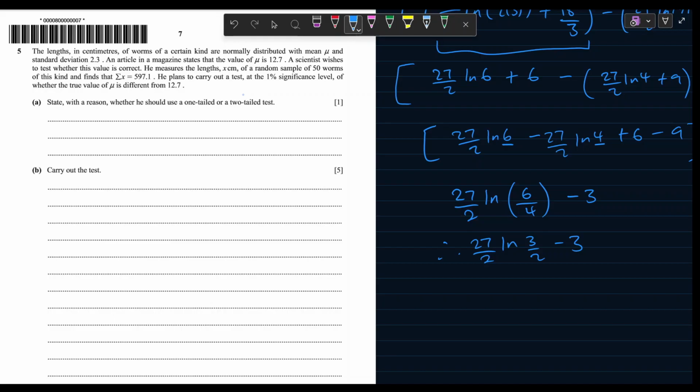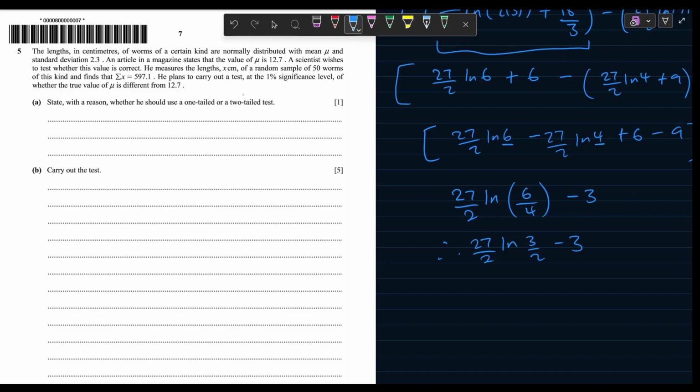So with a one-tailed test, we are testing for a definite decrease or a definite increase. If they have not specified whether we're testing for an increase or a decrease, it becomes a two-tailed test, because in a two-tailed test, you're just checking whether your mean is different or your mean has changed. You don't specify that you're testing for a decrease or an increase.